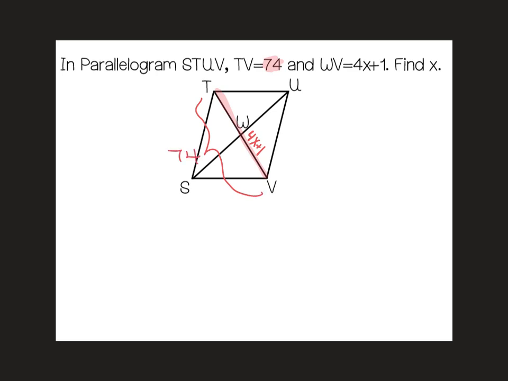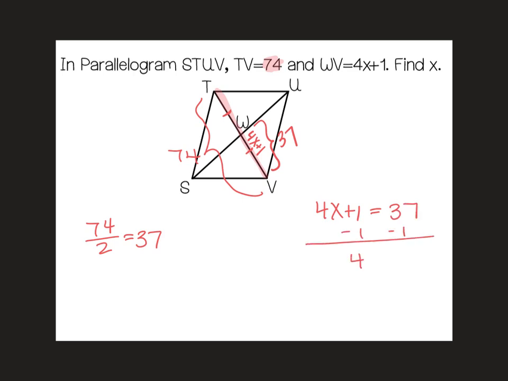I know that the diagonal gets bisected, so I'm just going to cut the 74 in half. So 74 divided by 2 is 37. So this half right here is 37. So 4x plus 1 equals 37. Subtract 1 from both sides. Divide by 4. X equals 9.